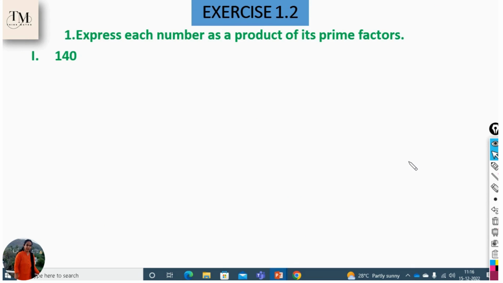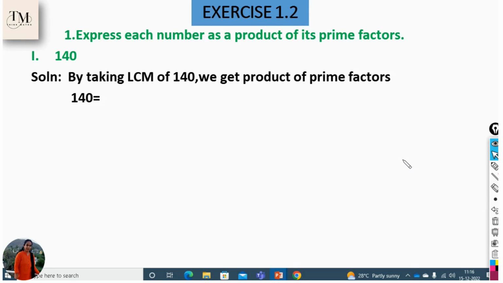Express each number as a product of its prime factors. So we have to factorize 140. This is even, so I factorize here. I take 2. 2 sevens are 14, 0. Again I take 2. 2 threes are 6, balance 1, 2 fives are 10.